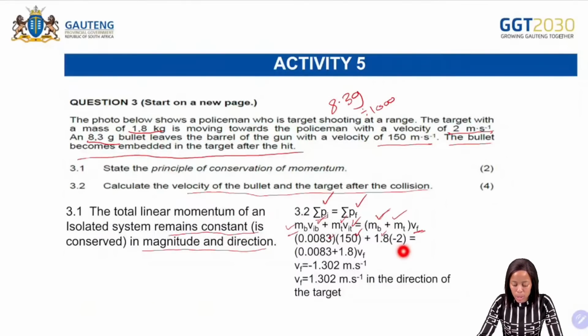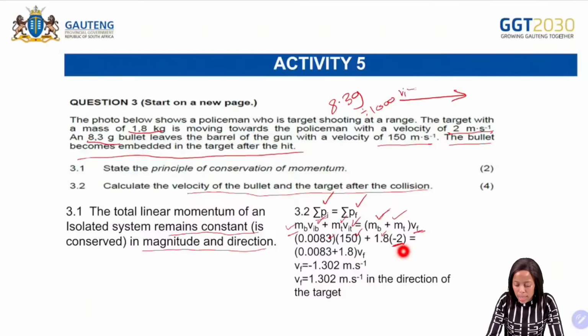So we substitute. And then because we now have 2 different directions, right? It said that the target with a mass of 1.8 kilogram is moving towards the policeman with an initial velocity of 2 meters per second. And then the bullet leaves the barrel of the gun with a velocity of 150 meters per second.